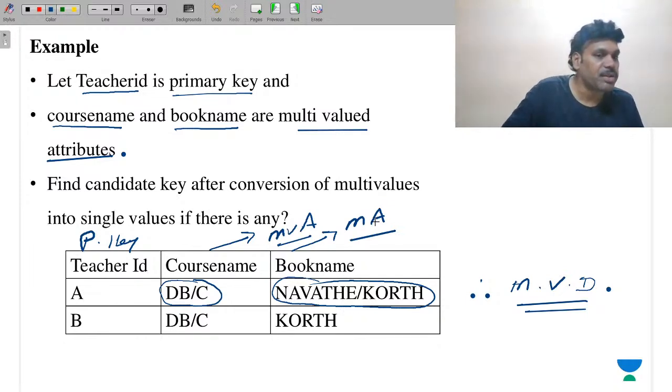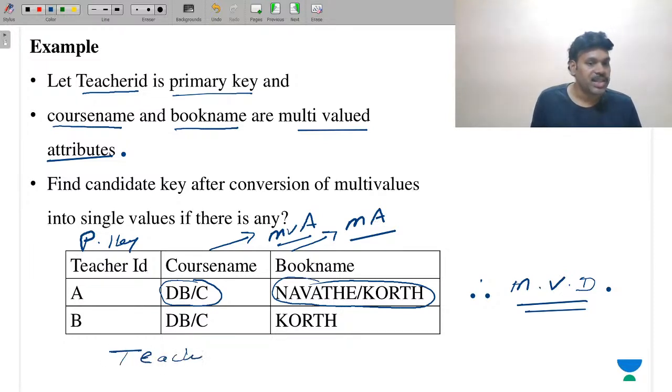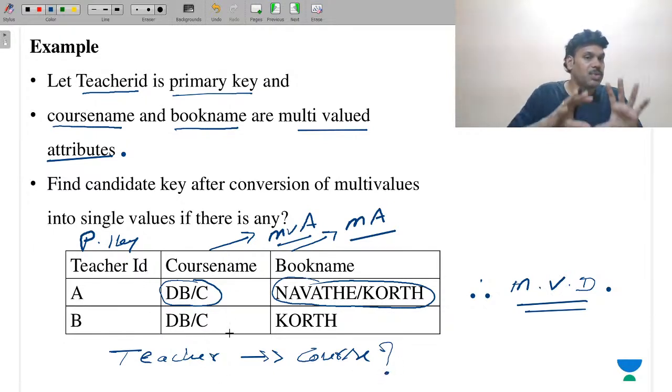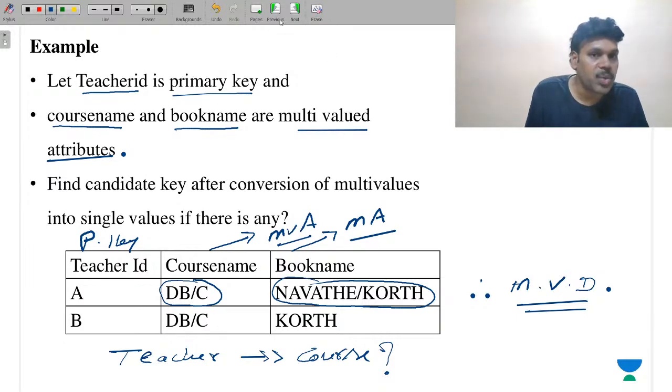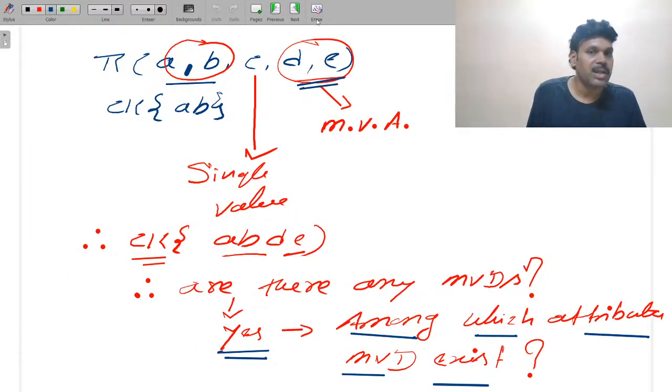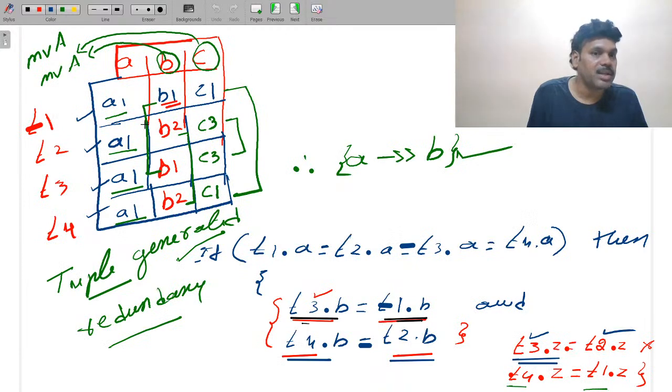Now among which attributes is the multi-value dependency there? My question is: teacher implies course, is it possible or not? If you want to prove this condition, then you have to write it in the format I wrote here, according to the condition being satisfied.